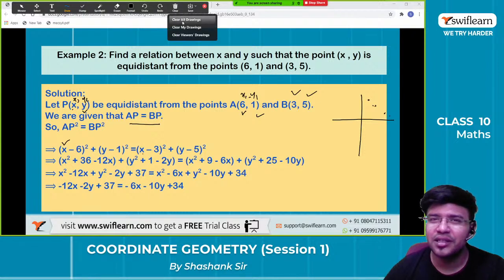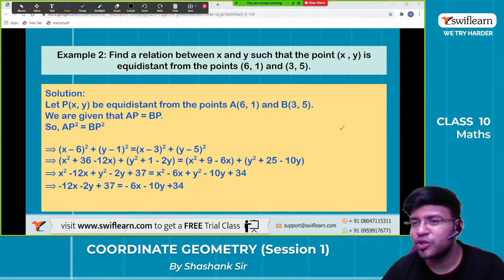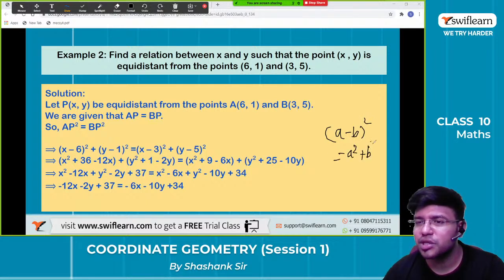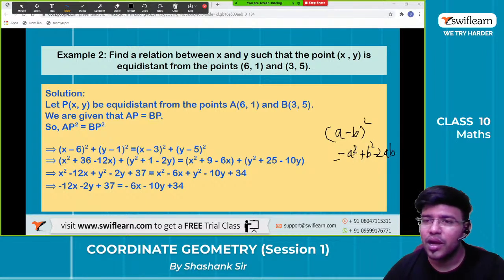Now simplify this using the same formula which we used previously, a minus b whole square, which is a square plus b square minus 2ab. How much is this now? a square is x square, b square is 36, minus 2ab is 12x.